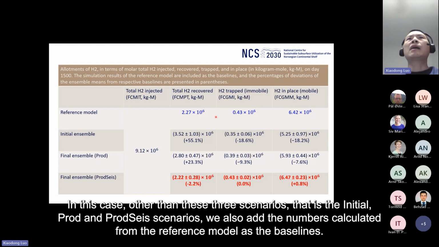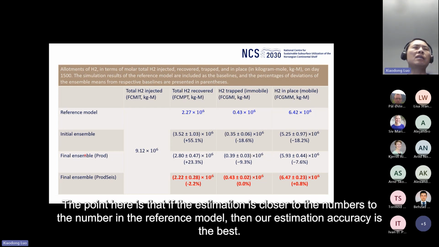In this case, other than these three scenarios, that is the initial, prod, and the prod plus seismic scenarios, we also add the numbers calculated from the reference model as the baselines. So the point here is that if the estimation is closer to the numbers in the reference model, then our estimation accuracy is the best.